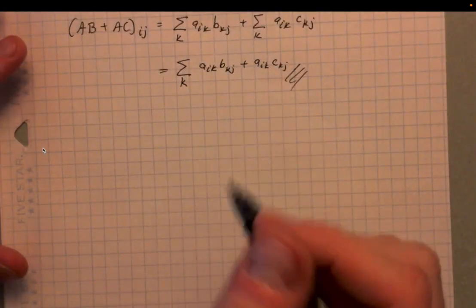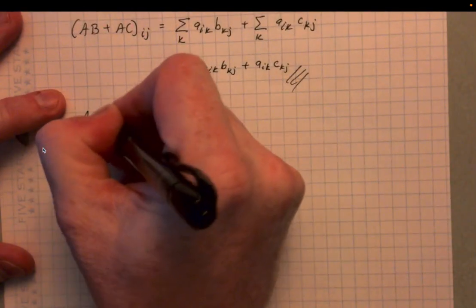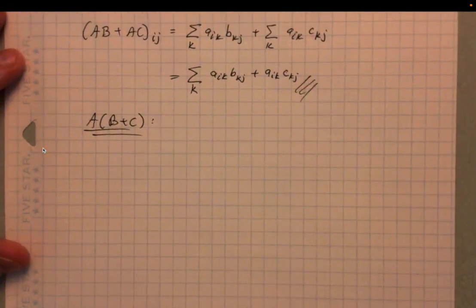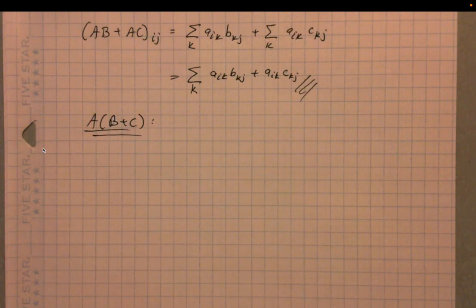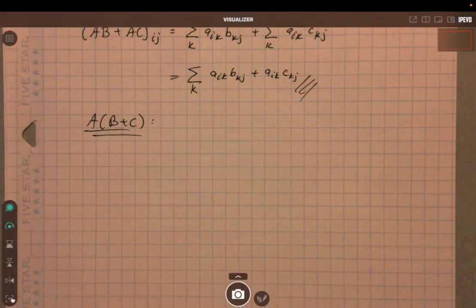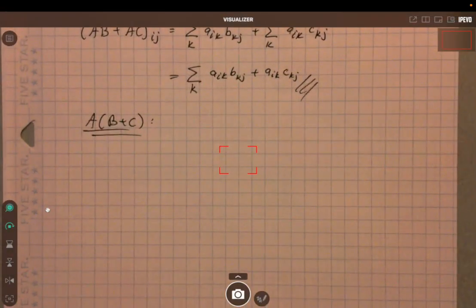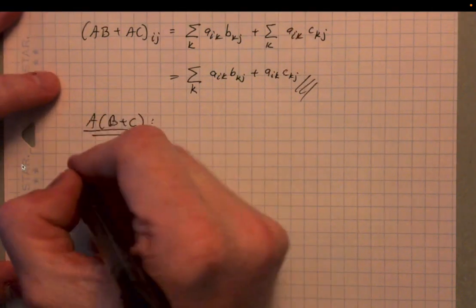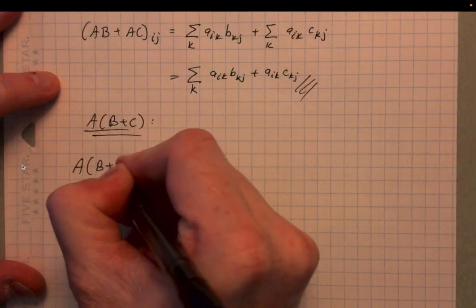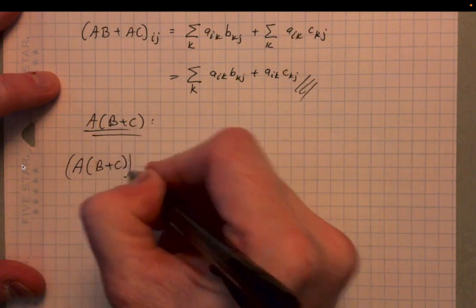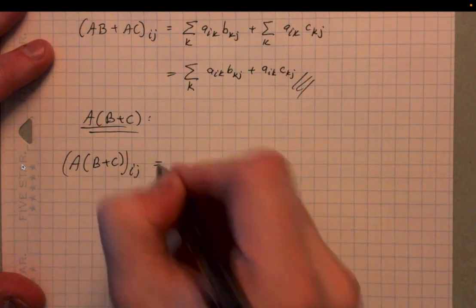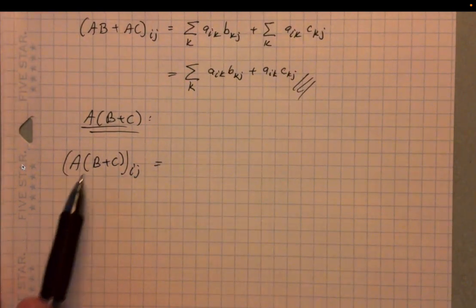So next we'll look at A times B plus C. What is the ij entry for this matrix? Okay, so we need to know A times B plus C, right? That whole matrix, the ij entry. Well, basically this comes down to a multiplication product again, right?